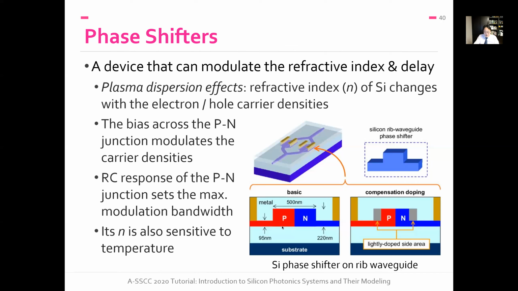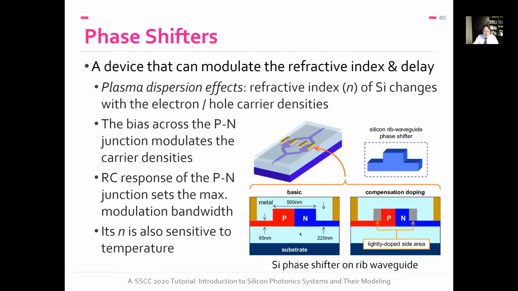Right? So here's a cross-section of a typical silicon-based phase shifter where you have a PN junction and each side is connected to metal, so you can apply reverse bias to it. And depending on the amount of reverse bias, the depletion region that's formed across this boundary between the P and N will change, and that will modulate the overall carrier density of this whole area, and therefore the refraction index.